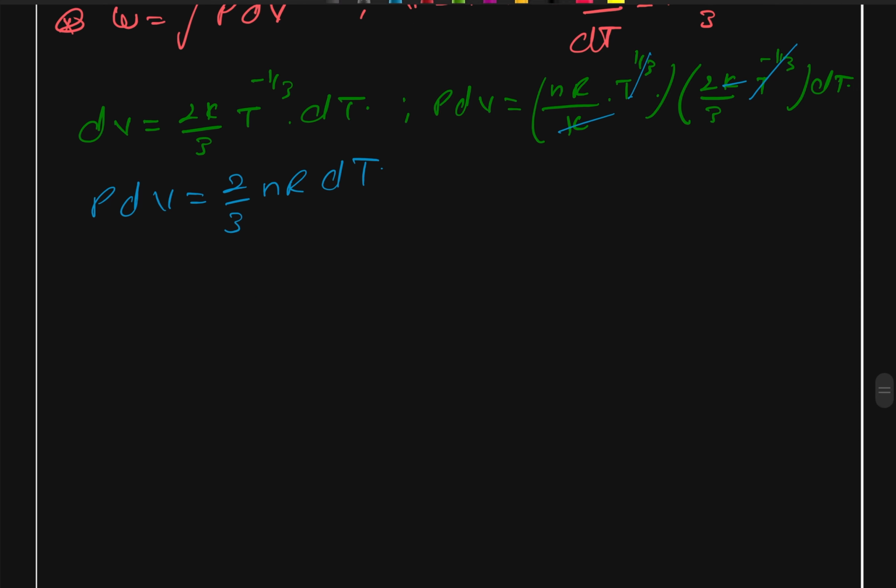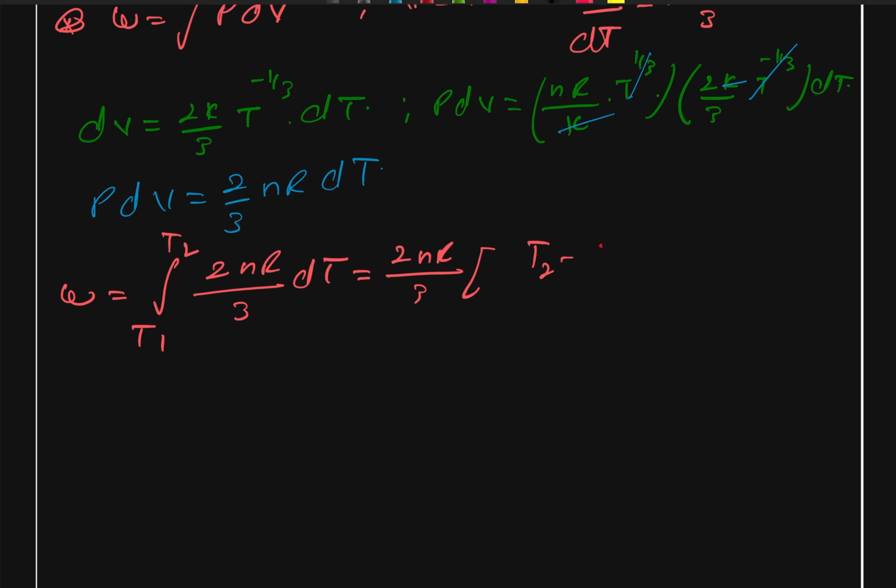Therefore we can write work done as the integral from T1 to T2 of 2nR upon 3 dT. Everything is constant, so we get 2nR upon 3 times T2 minus T1.